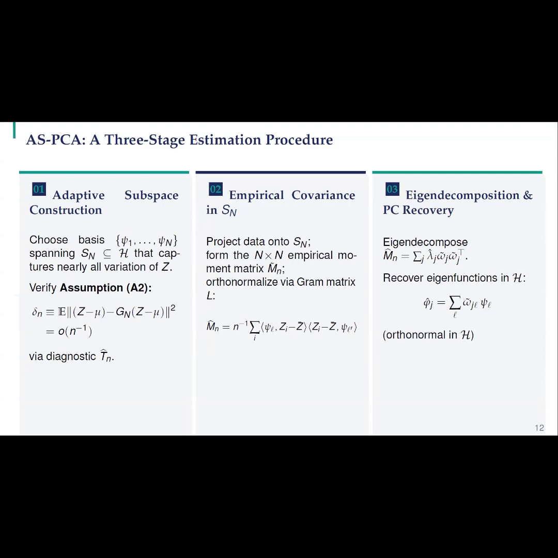We don't need that to be full rank in any sense. What we do require, though, is that if we look at the projection of the centered Z, the difference between that projection and the original goes to zero. The expectation of that squared is little o of n to the minus one. That sounds like a very strong assumption, and it is. Fortunately, we can actually test that assumption. But really, you're talking about making sure you have a rich enough set.